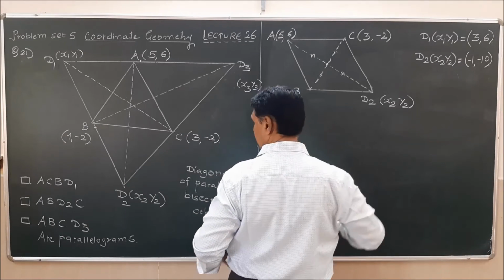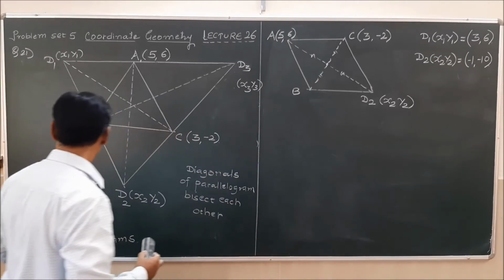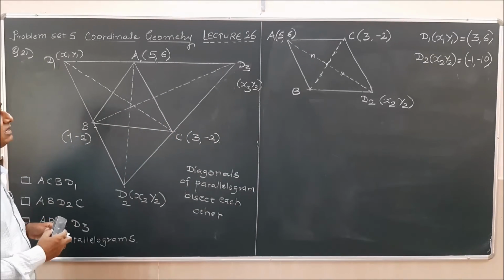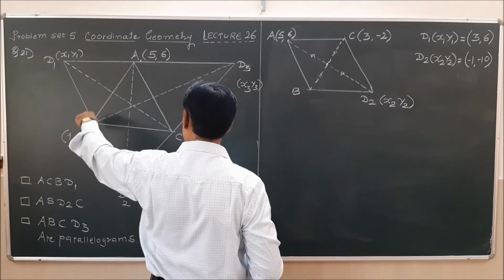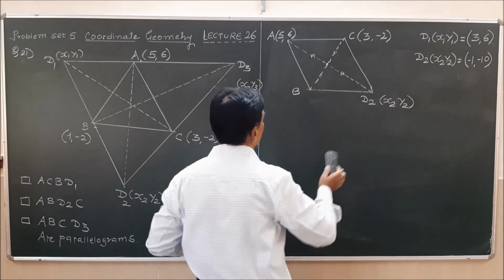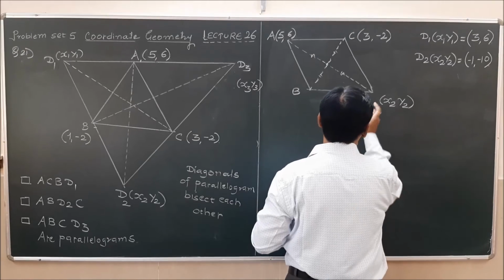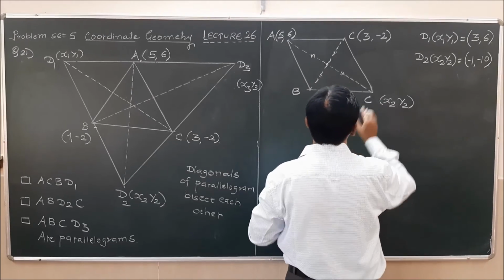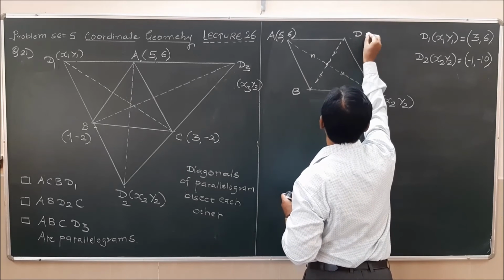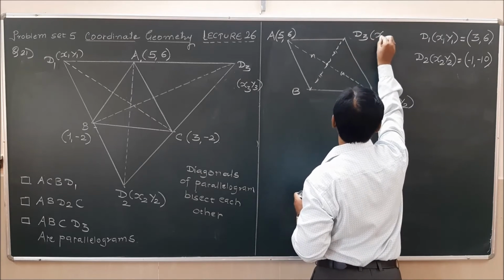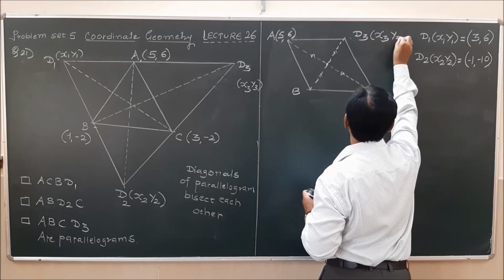Okay, now third one is A, B, C, D3. Coordinates of D3 are x3, y3.